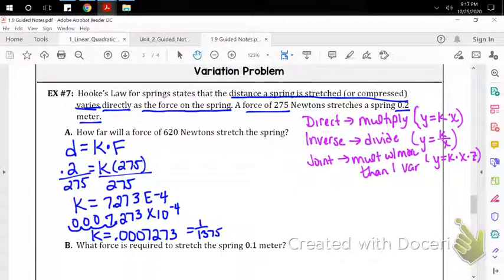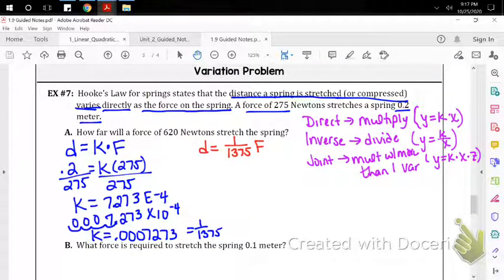You can use either value you want, but now we've come up with this equation. Our equation then is d equals k, and I'm going to use the fraction, times the force. If I know any distance or any force, I can solve for the other variable.